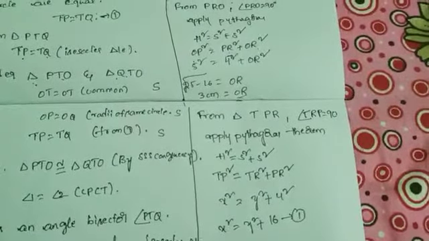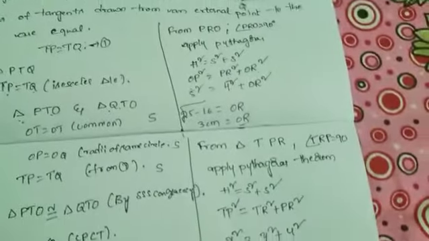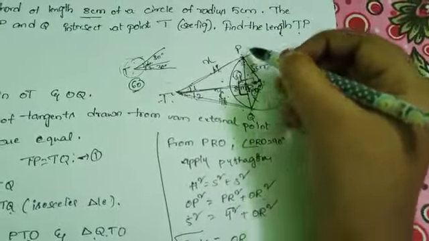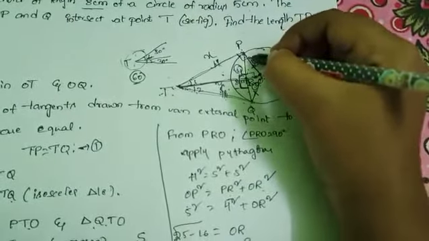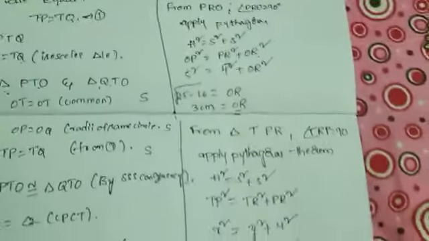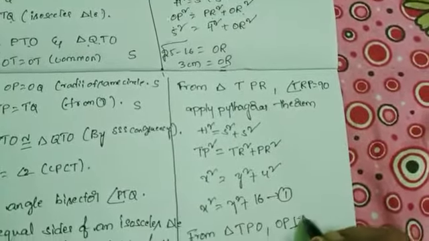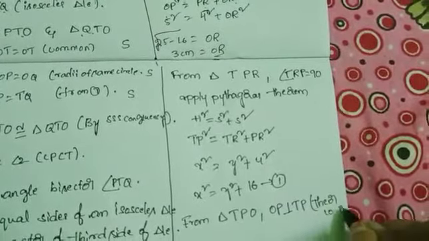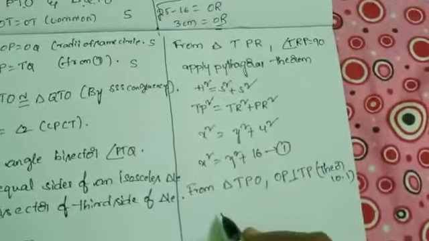Next, from triangle TPO: the radius and tangent are perpendicular to each other at the point of contact. Here OP is perpendicular to TP according to theorem 10.1. So apply Pythagoras theorem.